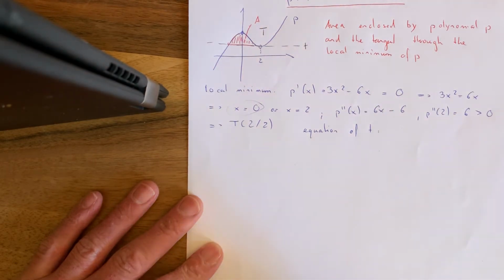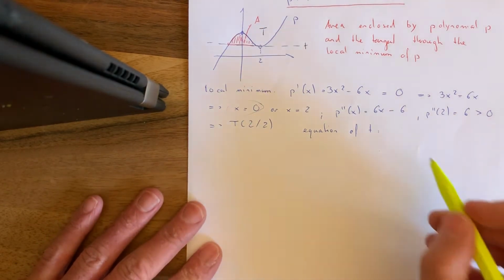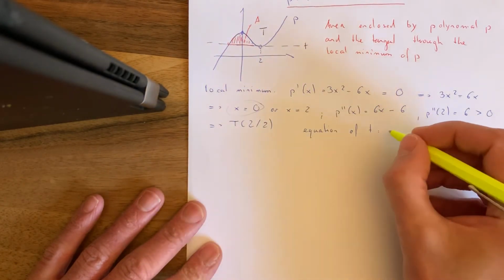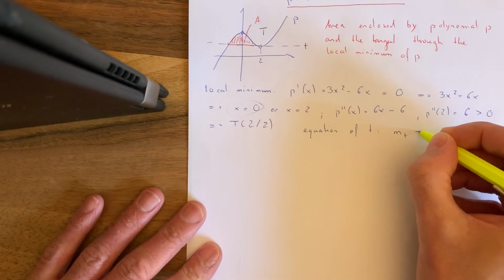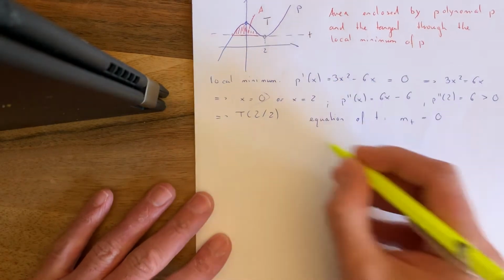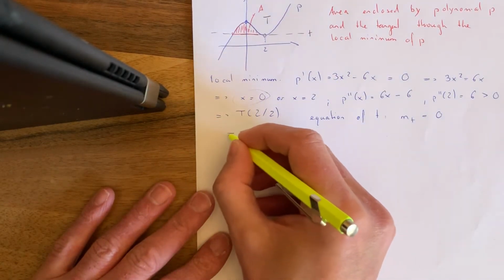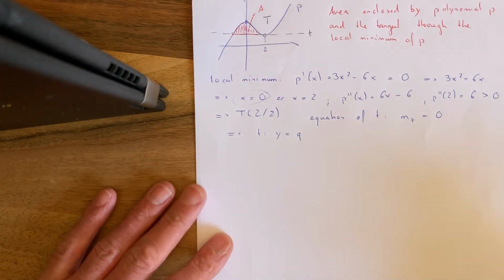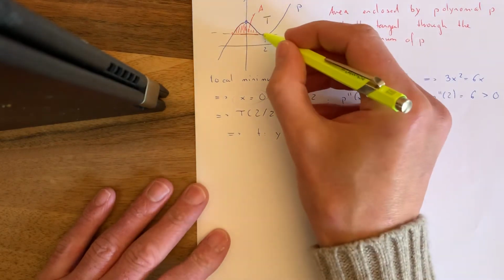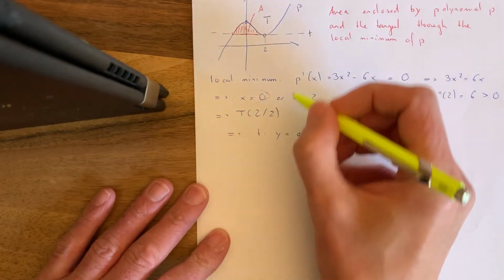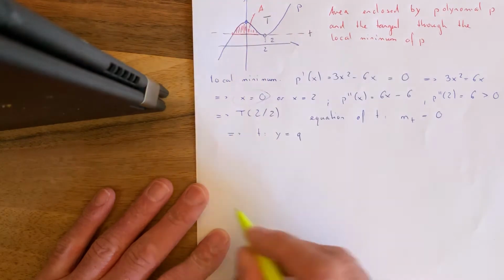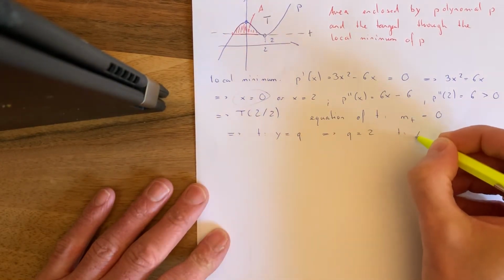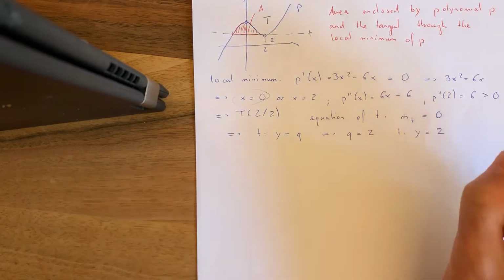As I've explained before, since this tangent is parallel to the x-axis, the slope of the tangent is of course 0. So the tangent equation just is y equals q. Now since this point has coordinates 2, 2, we know this distance is also 2, so q equals 2, and our tangent equation is y equals 2.